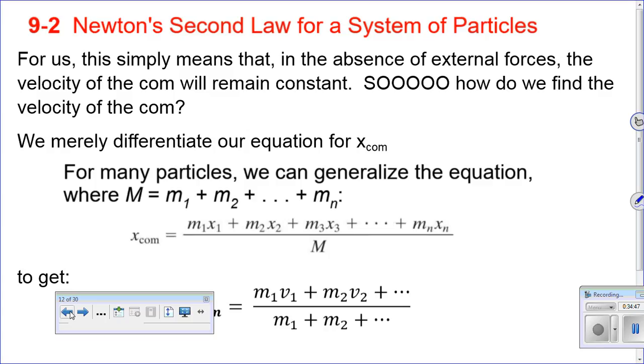Okay, so once again, I have 200 grams hanging at the 30 centimeter mark, and 100 grams hanging at the 80 centimeter mark. The whole stick is 70 grams. See if you can figure out where it's going to balance. In other words, where is the center of mass?